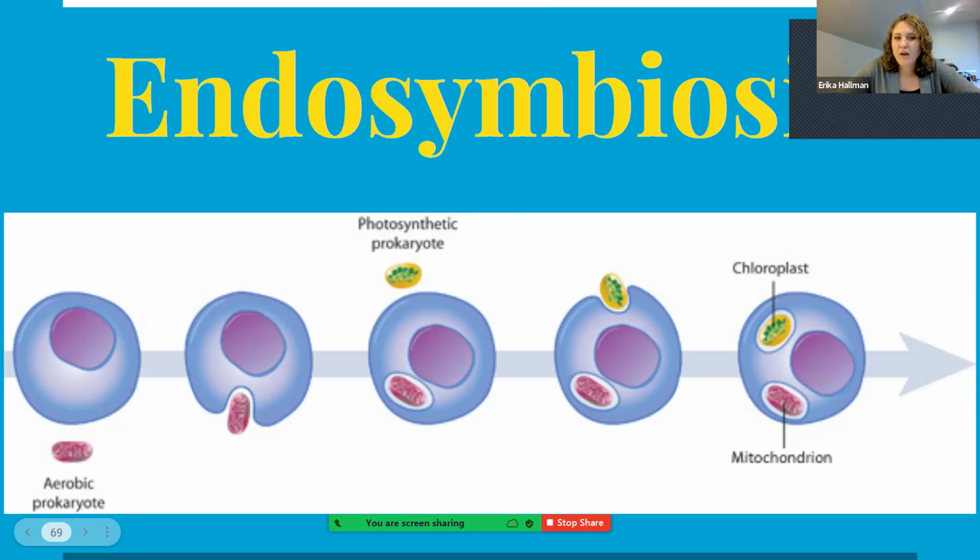This aerobic prokaryotic cell, guess what that turned into? That is now what we call our mitochondria. So this eukaryotic cell absorbed another prokaryotic cell, literally ate and swallowed a bacteria, and now we call that bacteria a mitochondria. So we think that's where this organelle came from.